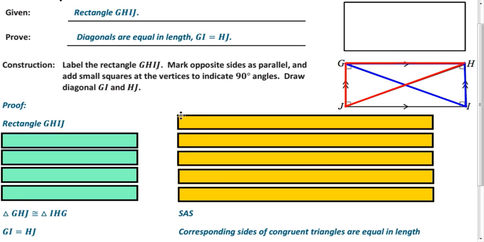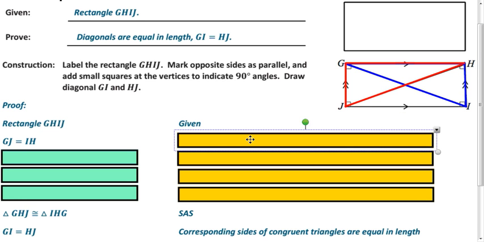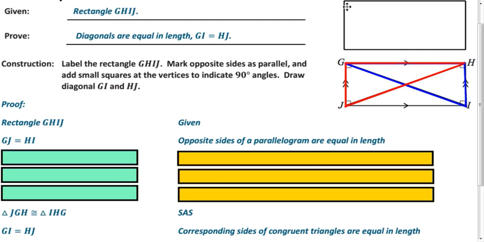So first we have our rectangle that's given to us. So we know we have a parallelogram with 4 right angles. And we know that GJ equals IH. I'm sorry, I changed the lettering around a little bit because I thought I fixed that.